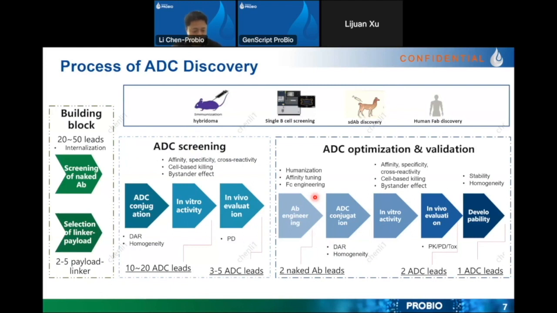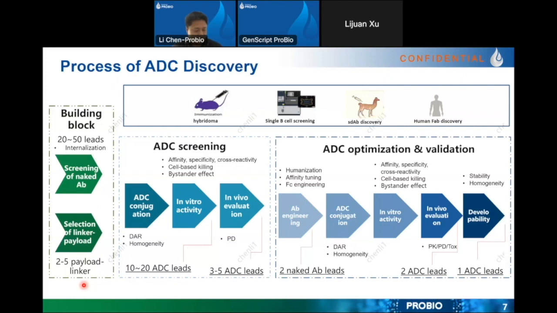Once you decide on the targets, a variety of technologies such as hybridomas, single B cells, and phage libraries can be used to generate antibody leads. In the meantime, selection of a linker and a payload will also be made based on the indications, disease biology, and the MOA.